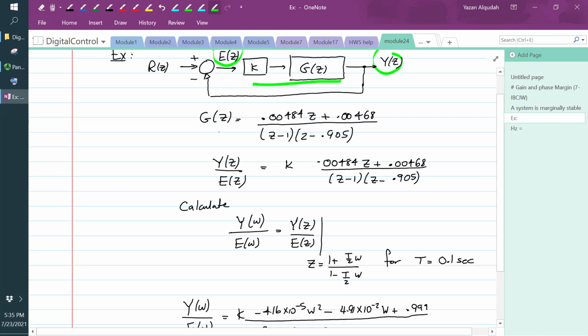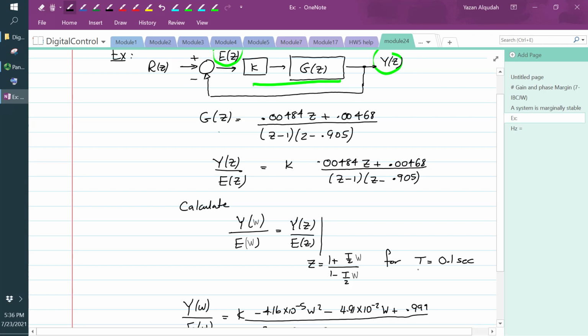Now this w is not omega, it's w. Therefore, we have to transform the z plane to the w plane. I have Y of z over E of z, and I'm going to take z and replace it with 1 plus T over 2 w, divided by 1 minus T over 2 w.